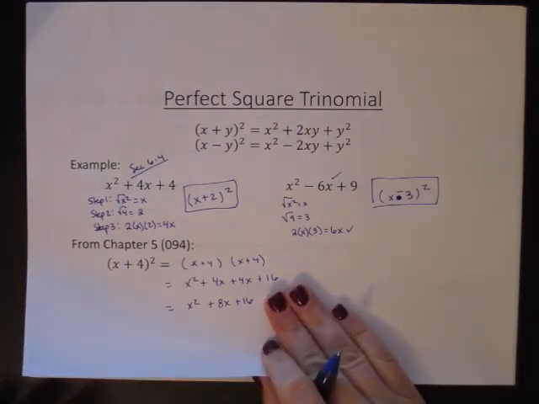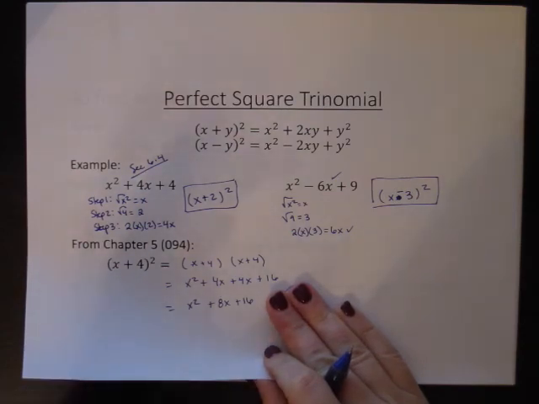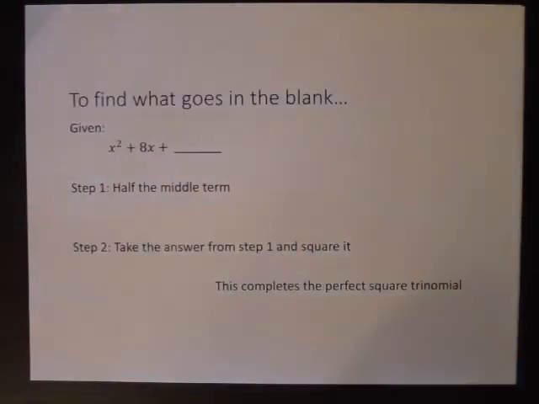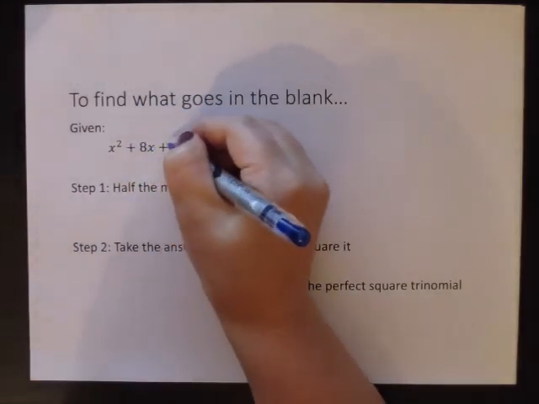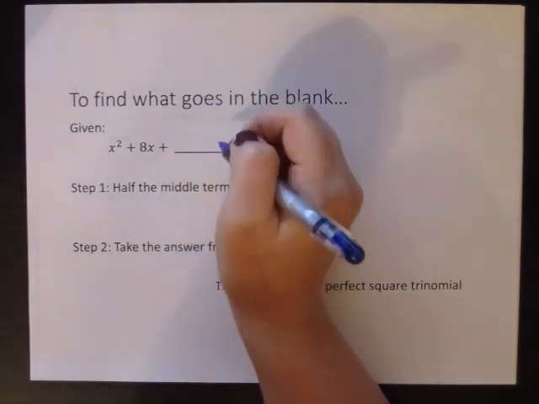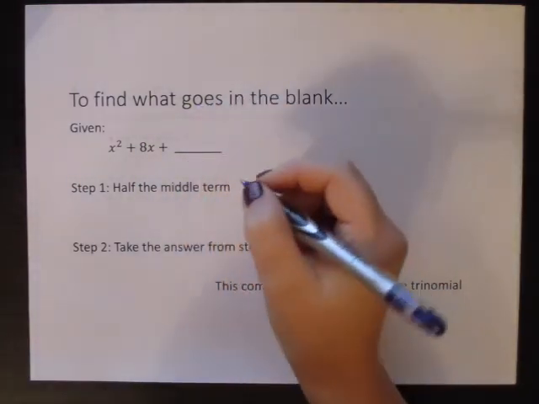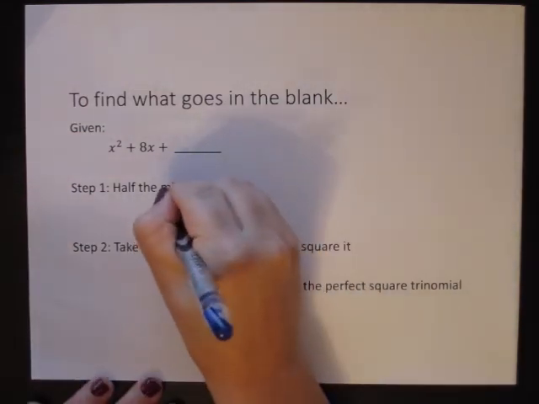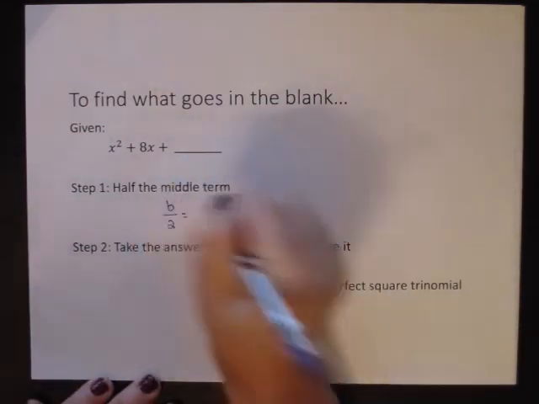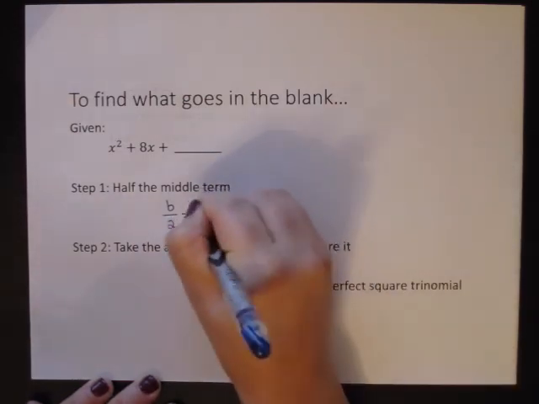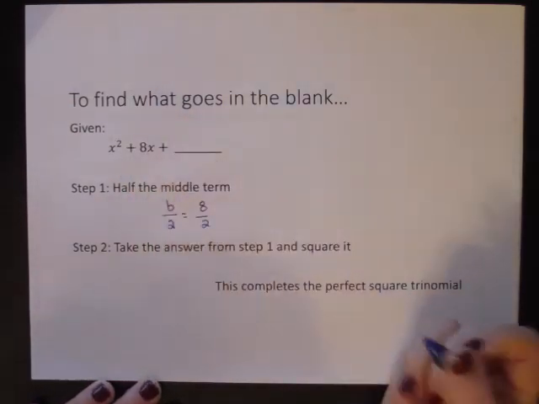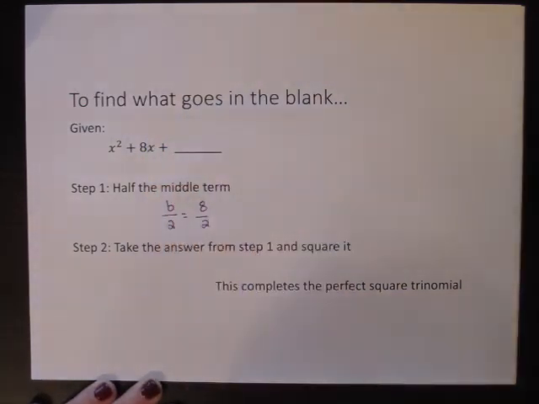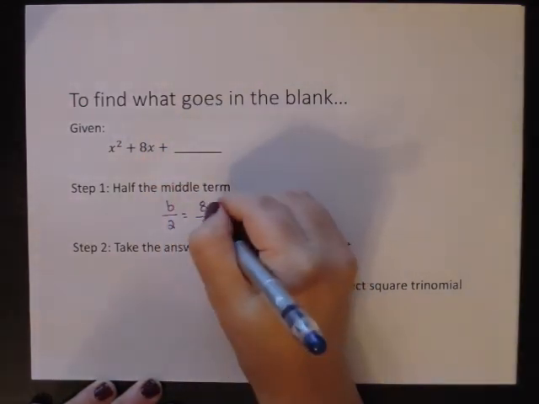So what we got to do to complete the square is we have to find the perfect square trinomial, and this is how we do it. First thing we have to do is we have to decide what goes into the blank. So if I have x squared plus 8x equals blank, I got to figure out what's going to go in the blank. How I do this is step 1 is I half the middle term, so I take my b and I divide it by 2, so my b is 8, and I divide it by 2, and I want to make sure and keep the sign, so if this was a negative 8x, then I would want it to be negative 8.